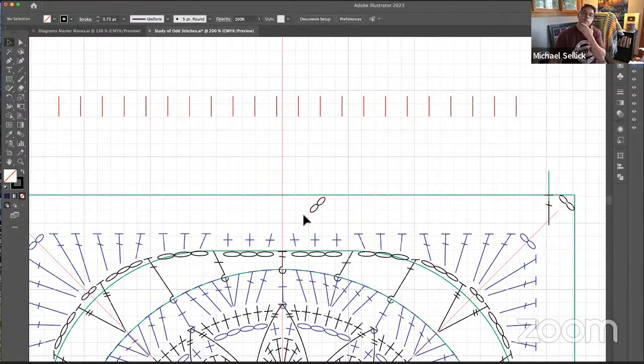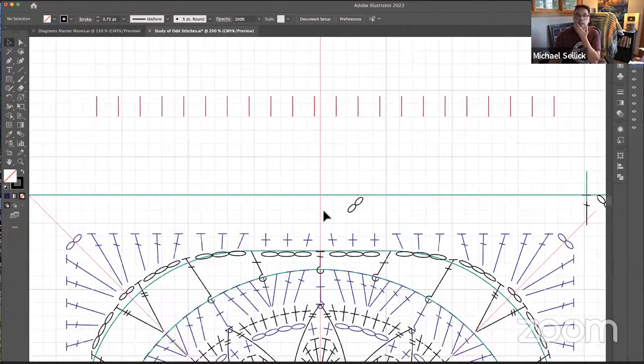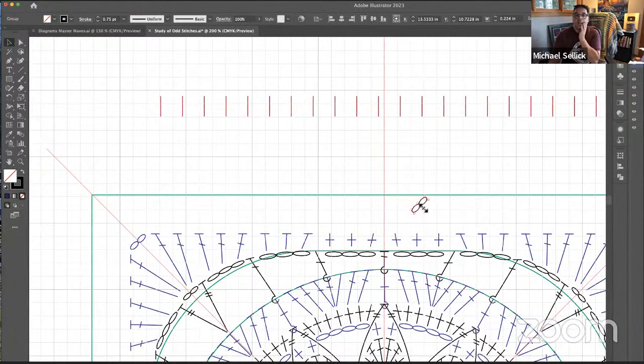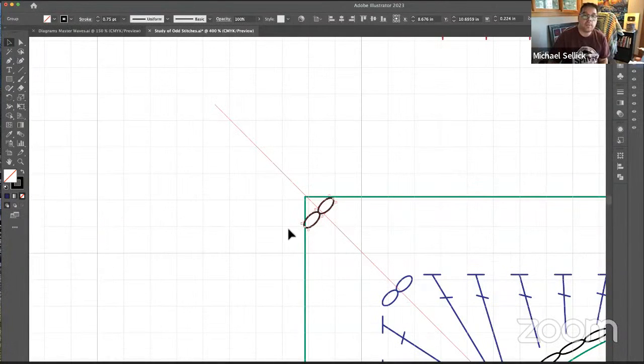So what I decided to do is take the pattern that I did in 2014 and try to convert it to written instructions. The problem is I free-formed a lot of it because I was making it up as I was going. I noticed that it was misshaping, so I threw in some extra stitches here, there, everywhere.